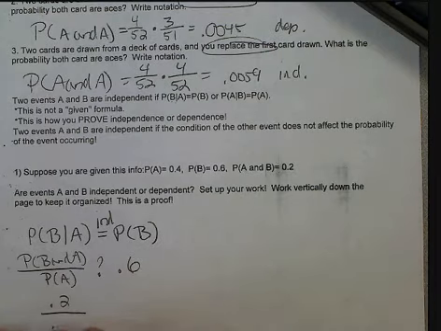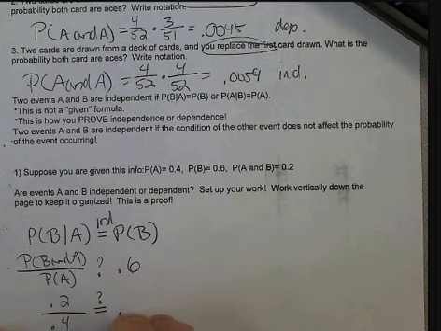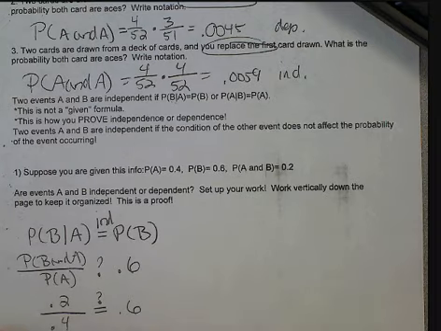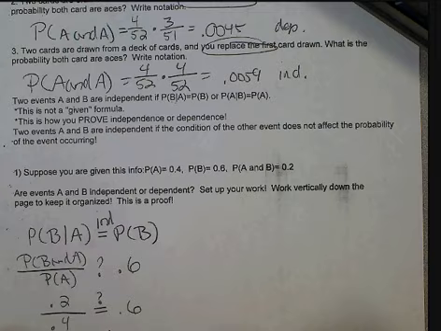The probability of A is 0.4. So again, we're looking for does that equal 0.6. So type that in your calculator. Does 0.5 equal 0.6? No. That means we have dependent events.